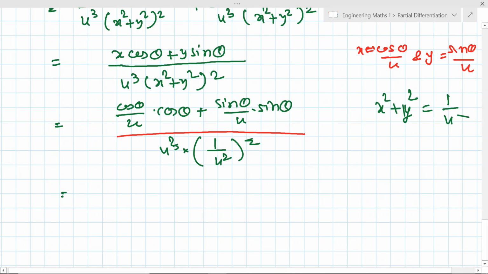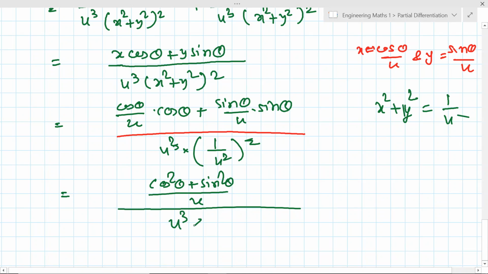So this is cos square theta plus sin square theta upon u, whole divided by u cube into 1 upon u raised to 4. Okay, so u cube gets cancelled, only 1 upon u is there, and that 1 upon u is cancelled with this. And cos square theta plus sin square theta is nothing but 1. So my final answer for this is nothing but 1.